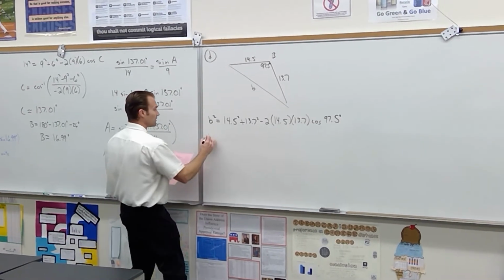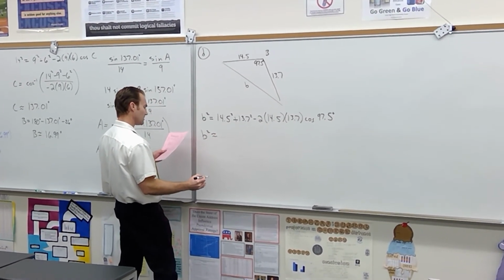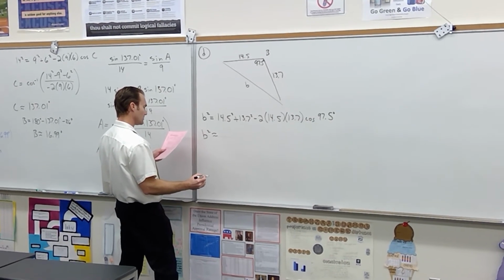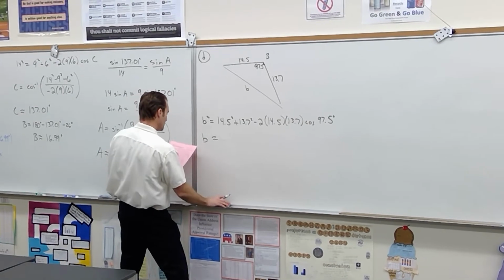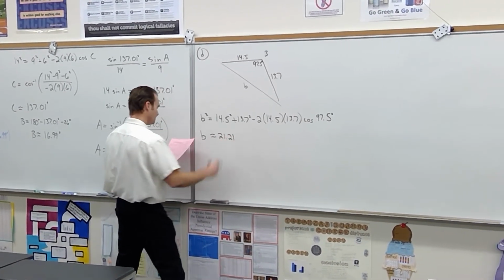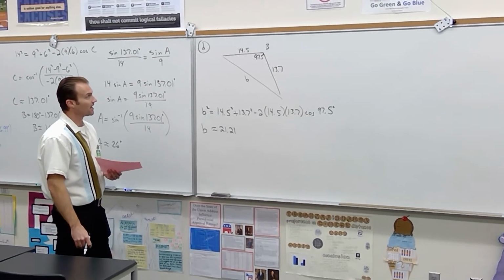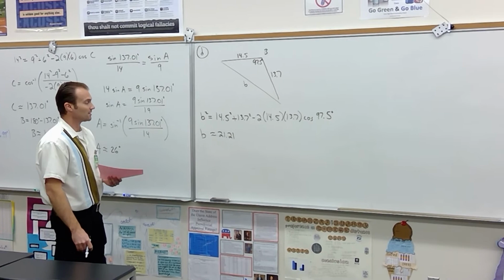Calculator time. So we'll find that B squared is, Mr. P didn't actually work out the B squared, he just went straight for B. So B is approximately 21.21.